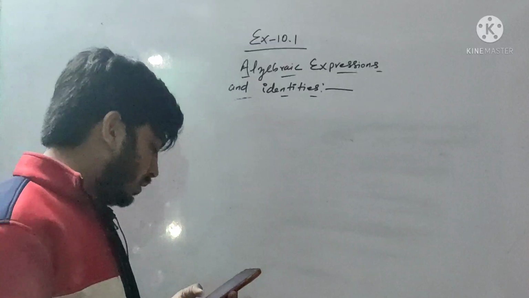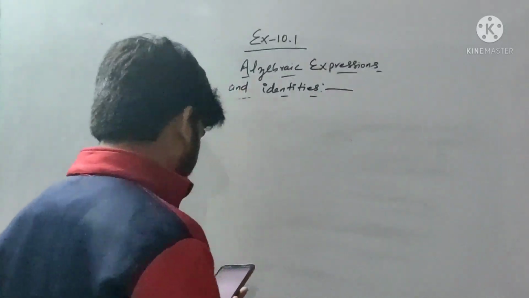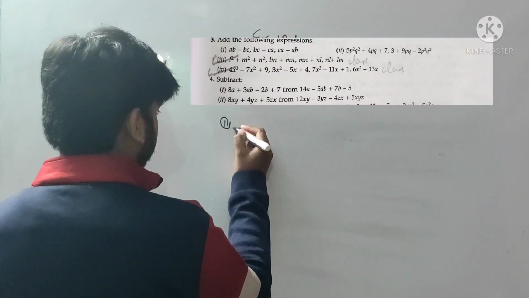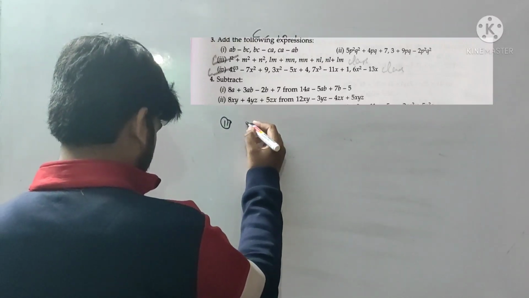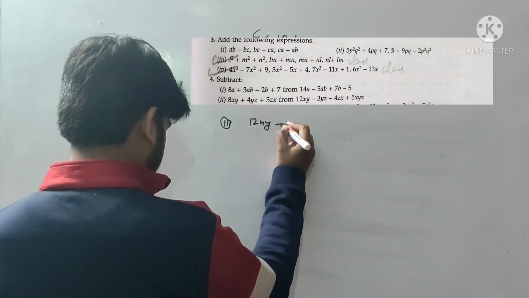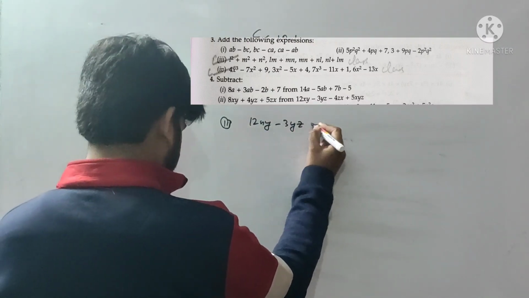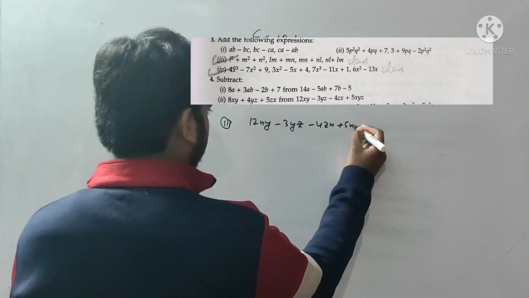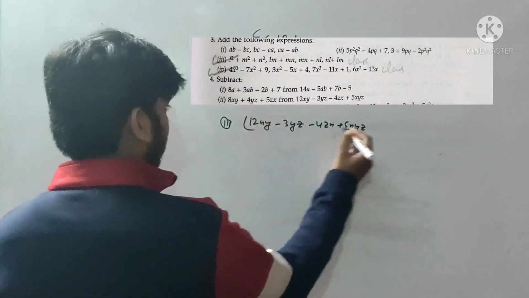So similarly, you all can do question number 2 and 3. Here is question number 2. I will write directly here 12xy minus 3yz minus 4zx plus 5xyz.